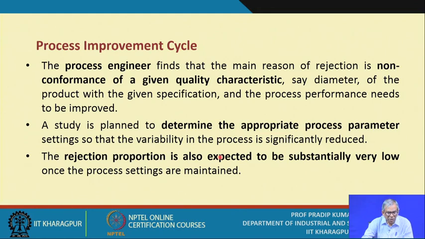A study is planned to determine the appropriate process parameter settings so that the variability in the process is significantly reduced. This is very, very important, and the rejection proportion is also expected to be substantially very low. Like, suppose it is 10% today, so you set a target of, say, 5% at the next stage, and when you can achieve 5% rejection, then further reduction you also plan for, and maybe the next target could be from 5% to 1%.